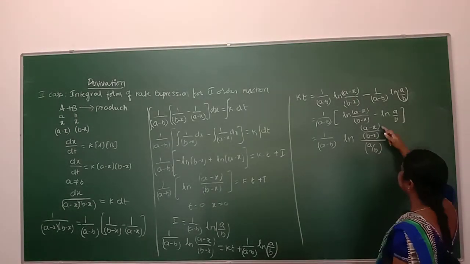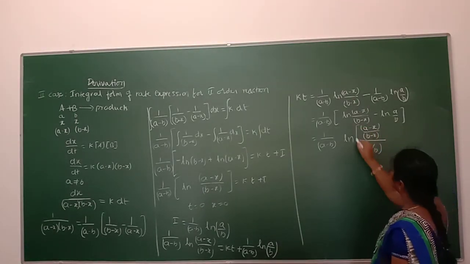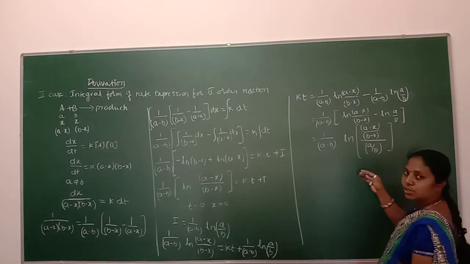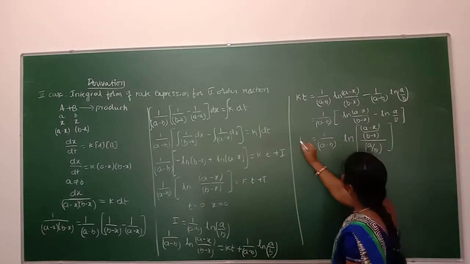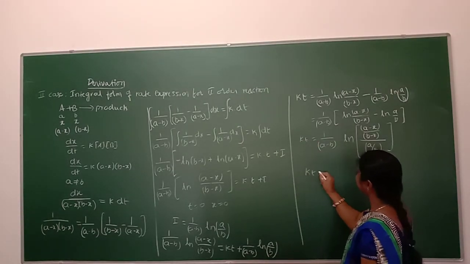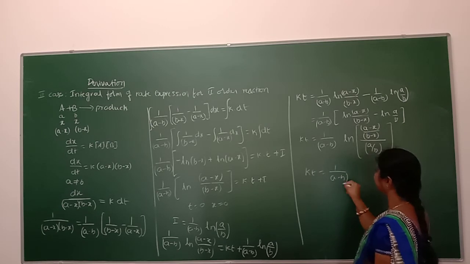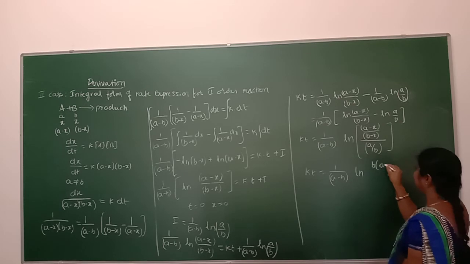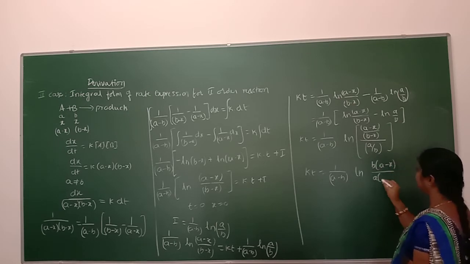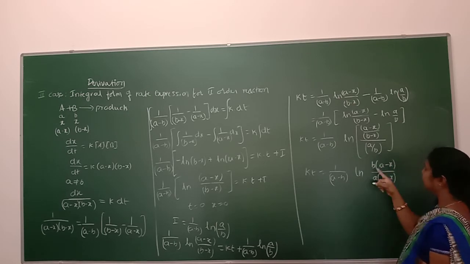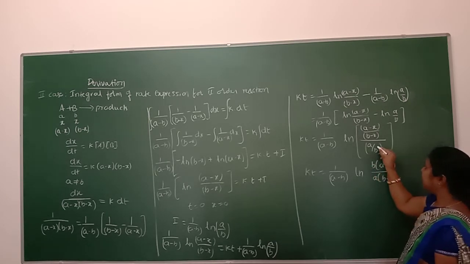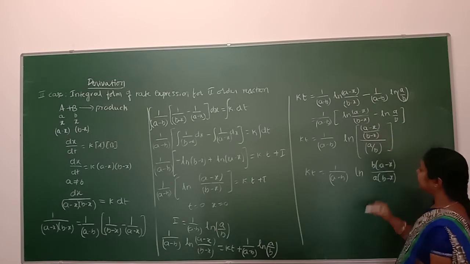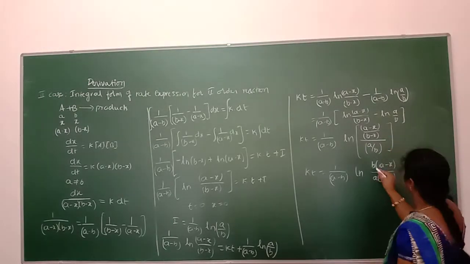This is of the form a by b divided by c by d, so a and d move to the numerator, and b and c move to the denominator. So kt is equal to 1 divided by (a minus b) into ln of b into (a minus x) divided by a into (b minus x). The terms under d and a multiply in the numerator, and b and c multiply in the denominator.